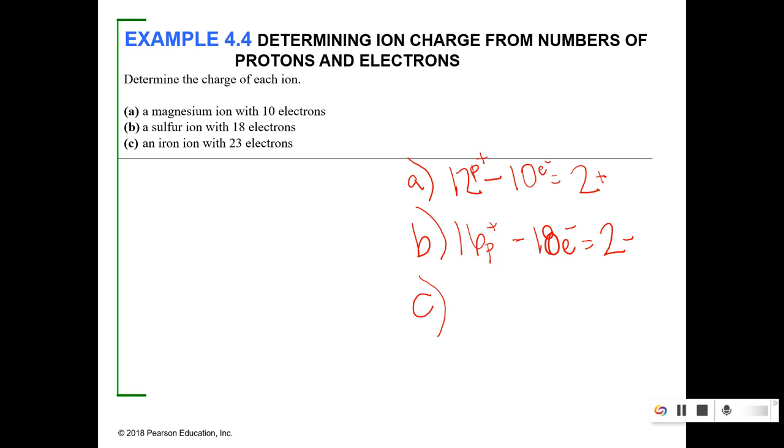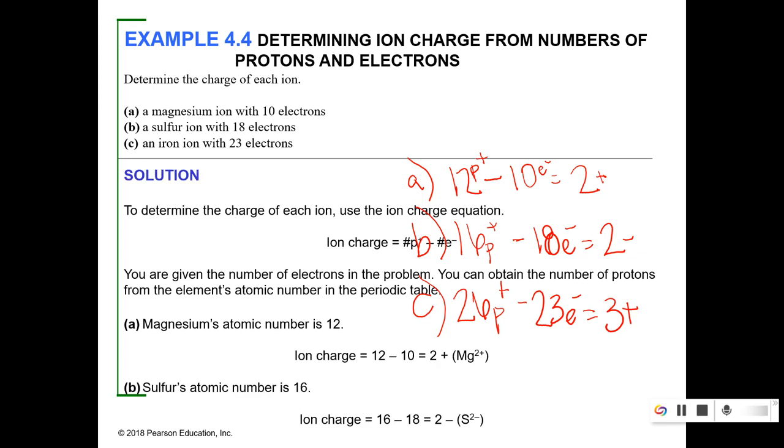And iron, I don't know that one off the top of my head. I think it's 20. Oh, I was thinking it's 25. It's 26. So it's got 26 protons, minus 23 electrons is a 3 plus charge. So it's just protons minus electrons gives you charge.